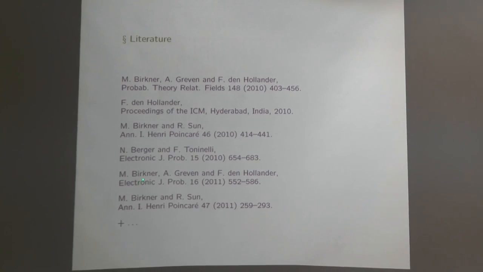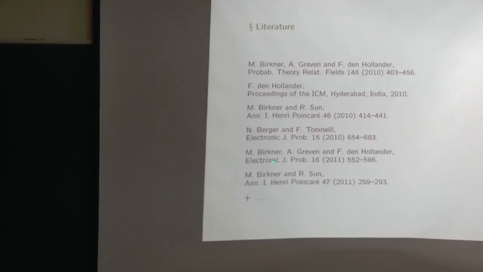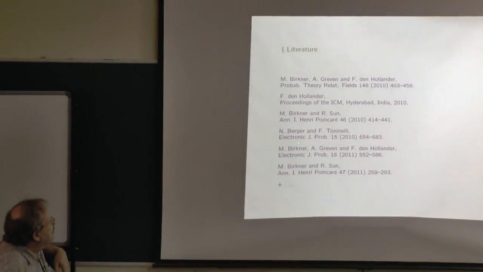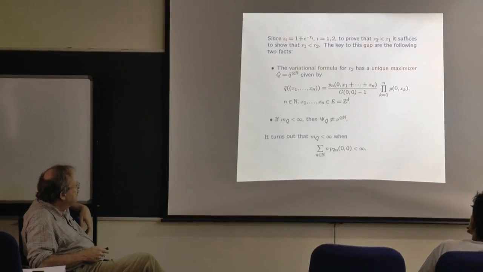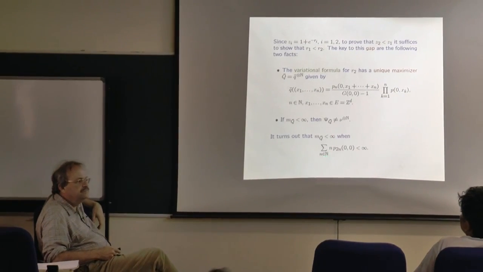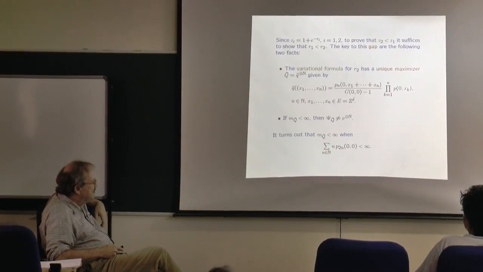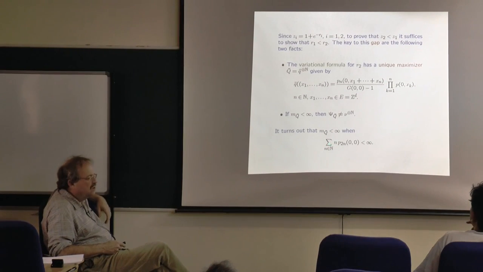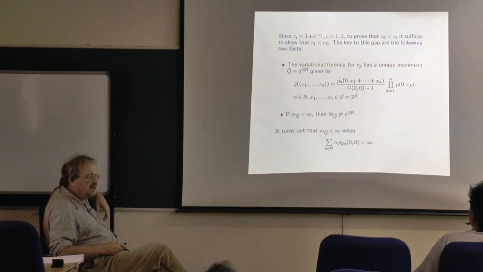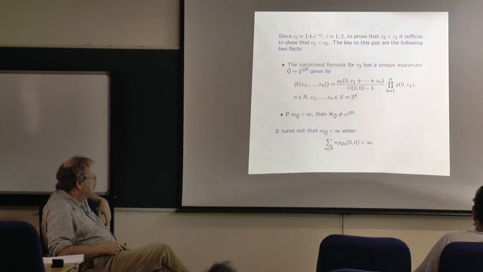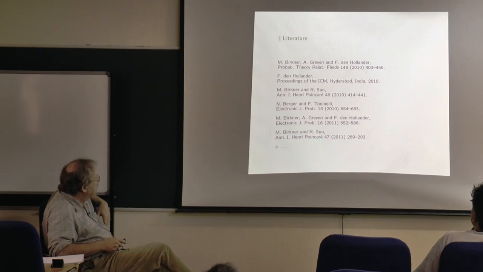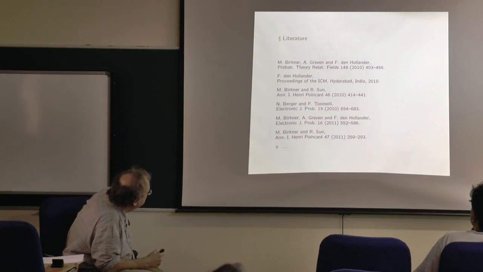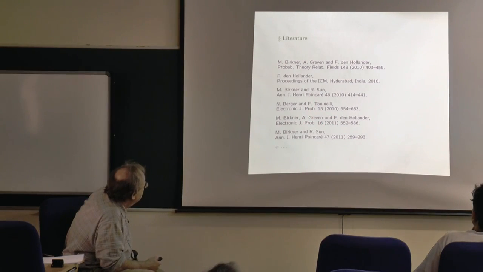Then there were 4 papers in which there has been an attempt to remove this n, and it uses a completely different method. It goes by all sorts of estimates. It doesn't actually try to get expressions for these things, but for some random walks that are transient but not strongly transient, this has been solved in a series of papers by Matthias and Noam Berger and Fabio Toninelli and Rongfeng Sun.